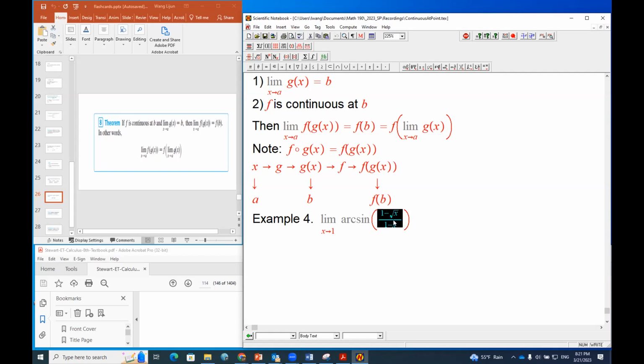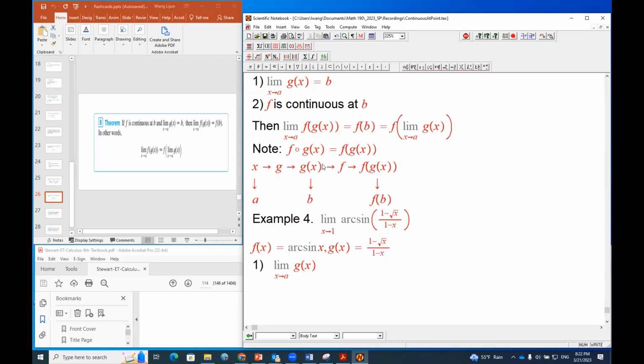Does G have a limit when X is approaching 1? So the first thing we want to work on is this limit. Our F is arcsine X, and our G is this piece. So this is F and G.